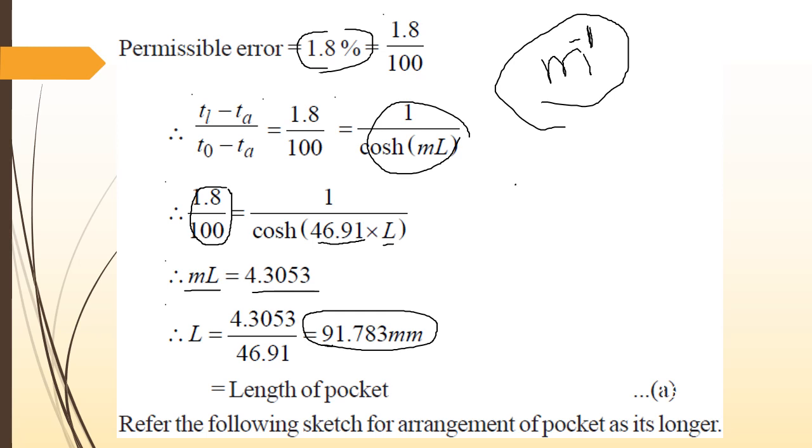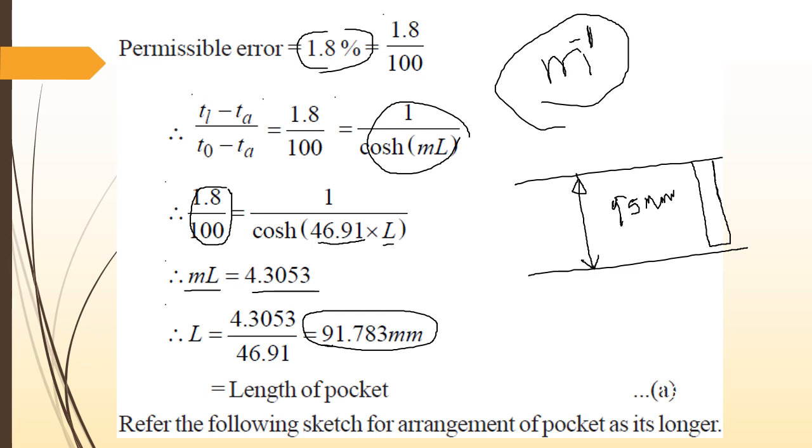So now you can see the diameter here is around 95 mm. This diameter is 95 mm, and the pocket length is 91. So you cannot think I will put the pocket like this.